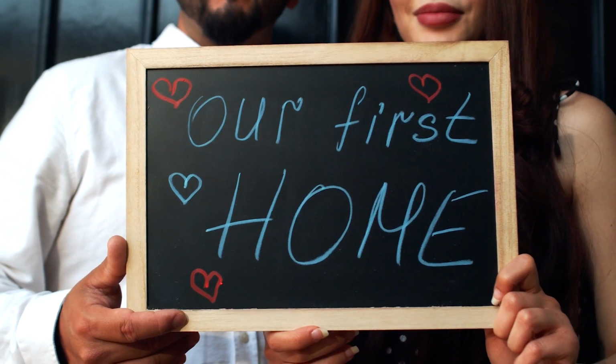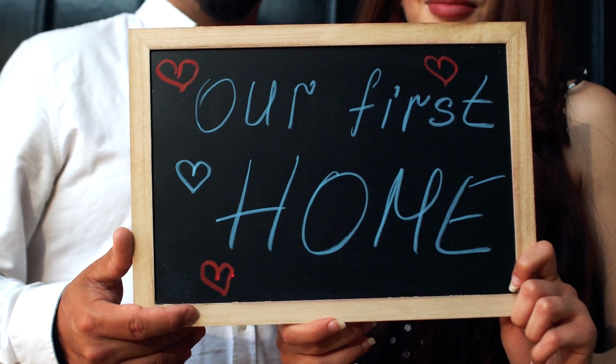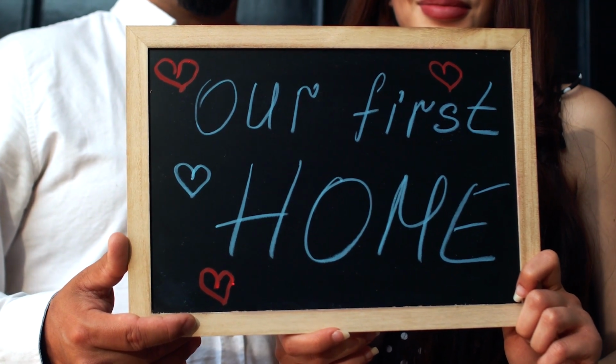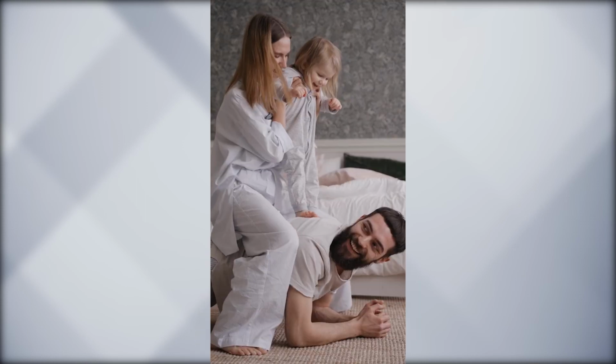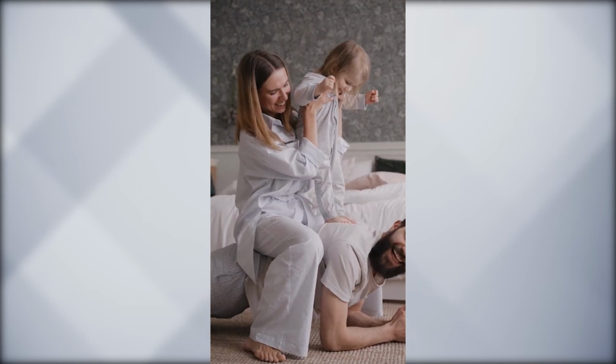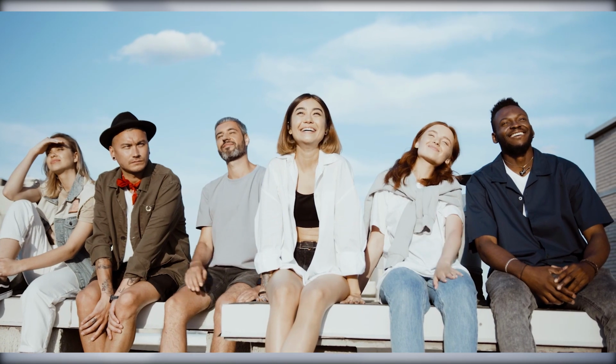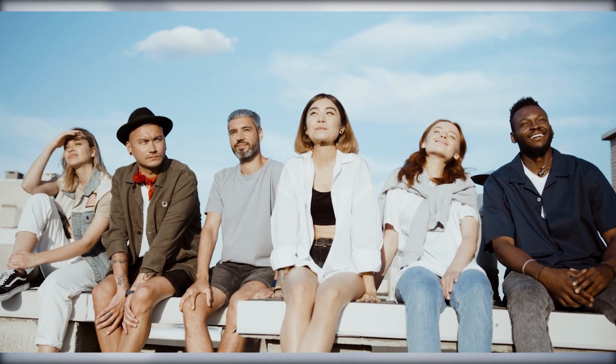Once a person is able to feed himself or herself, has opportunities to work, to be financially stable, to own a shelter, then this person will start longing for family members, for friends.